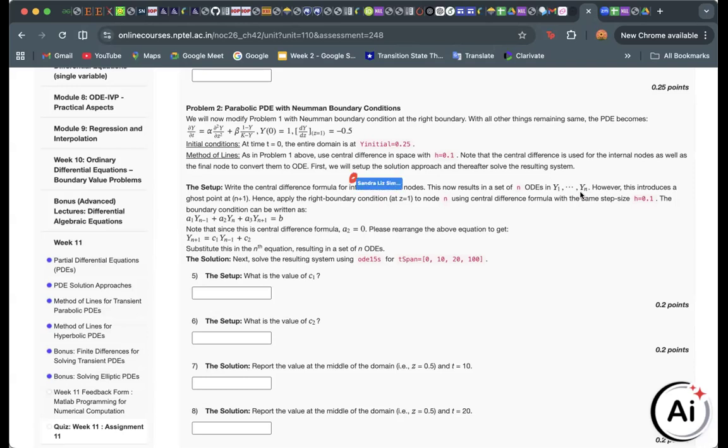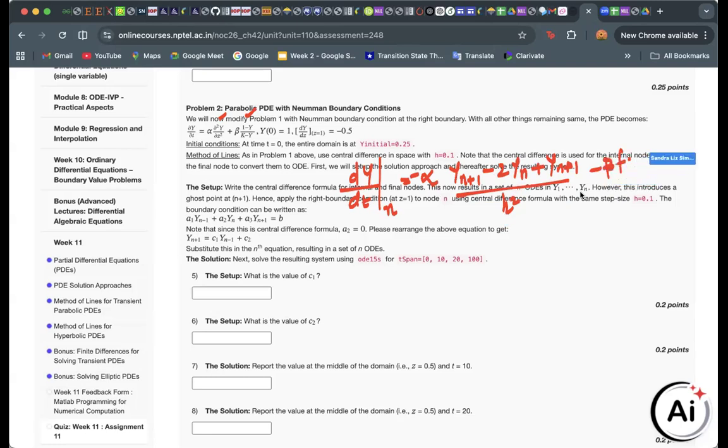that is dy/dt at the nth node will be equal to alpha, using central differencing, yn plus 1 minus 2yn plus yn minus 1, divided by h square, minus alpha, then minus beta, the function part.